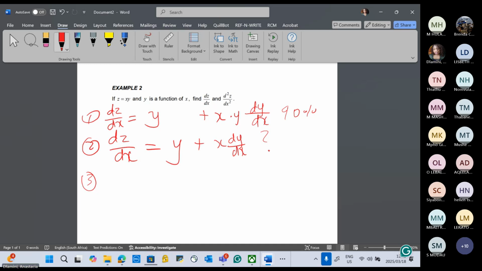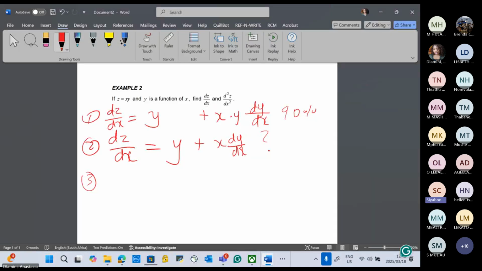Why? The reason why I am agreeing with number 2, in my own view, I think I saw an error in number 1. Whenever we are differentiating implicit functions. But this is not an implicit function. Be very careful.